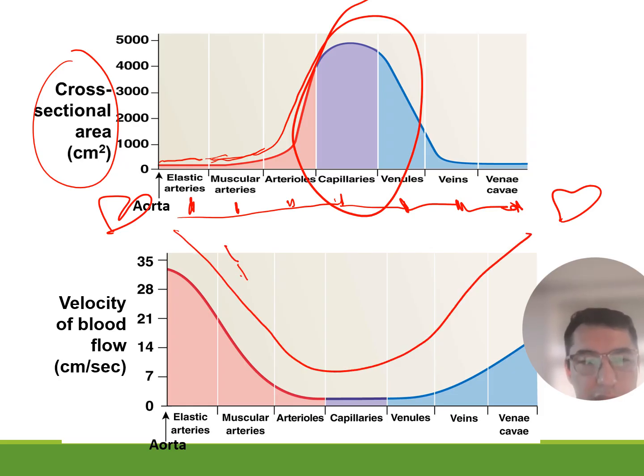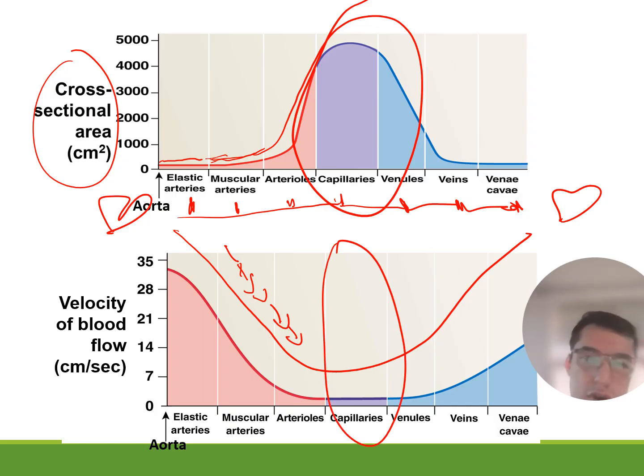As blood starts to go into those capillaries, we start cramming it down, and we need to slow it down because we also want exchange to happen. So the cross-sectional area of capillaries is much larger in the body, and with that, they are what we call the resistance vessel as well. The blood flow into those capillaries is decreased. All right.